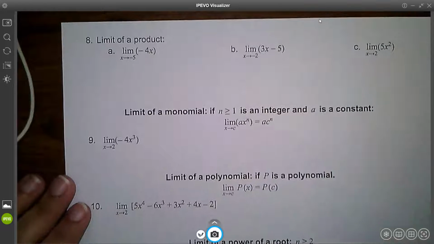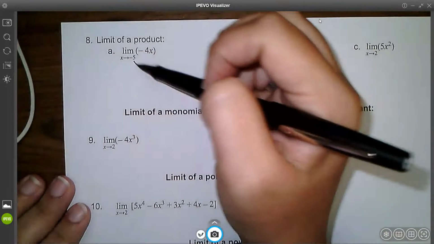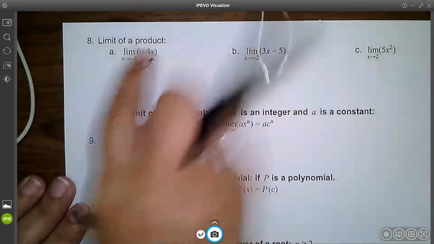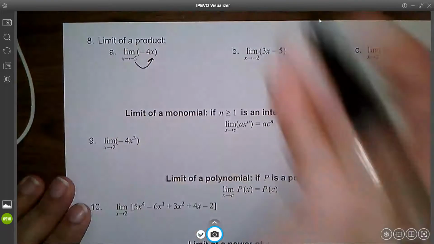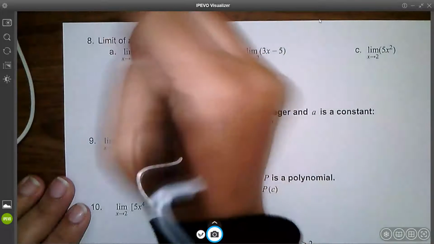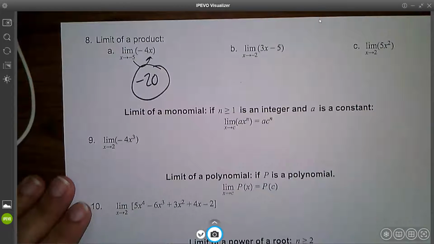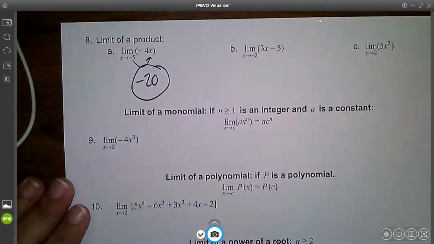Limit as x goes to 5, so I'm just plugging this in. The limit of the product is the product of the limits. So you can say the limit of this part times the limit of that part, or you can just plug it in and you get -20. Because that's a -4. Oh, +5, sorry.